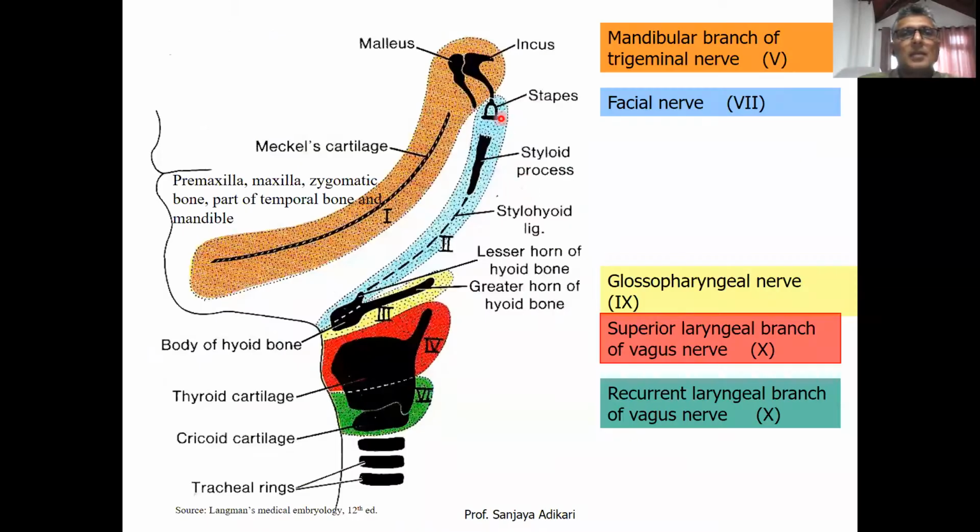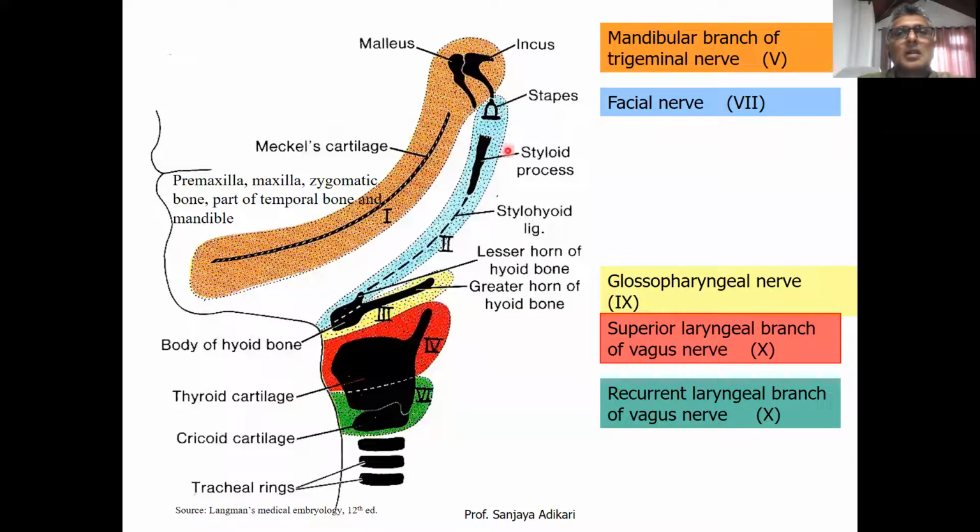Now you can see here, some middle ear ossicles like malleus and incus, and the maxilla, mandible, and muscles of mastication develop from the first pharyngeal arch mesoderm, and the first pharyngeal arch nerve is the mandibular division of the trigeminal nerve. Therefore, those muscles of mastication are supplied by the mandibular division of the trigeminal nerve.